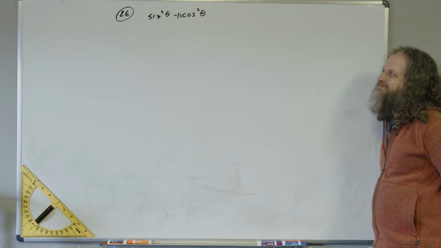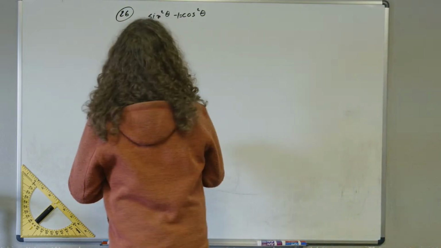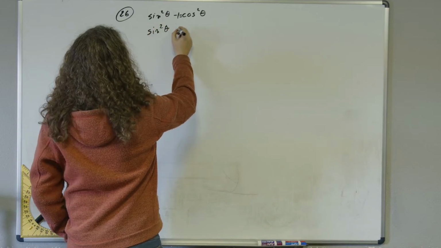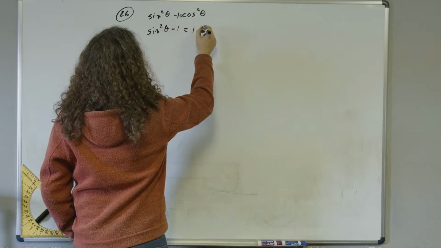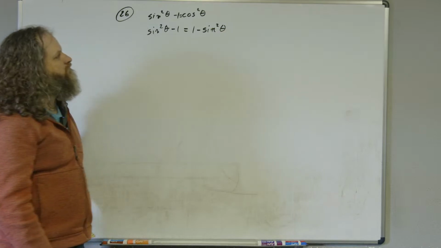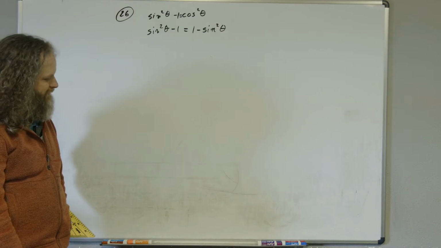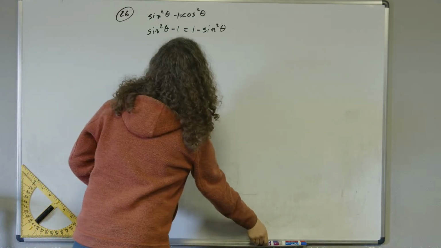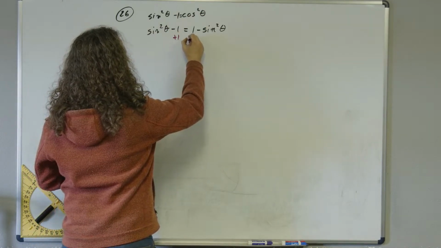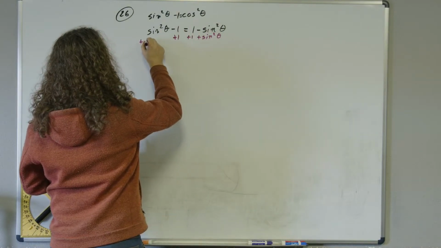So, what else can we do? What if we did this? There's a bunch of different ways you could solve this problem. What if we did that? Now we're in the same trig function, at least. Then we can add 1 to both sides and add sine squared to both sides.